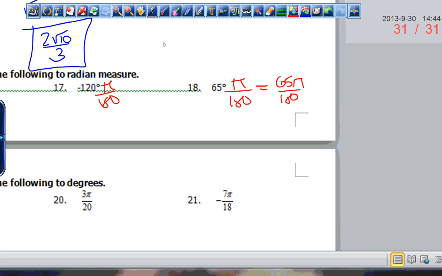You must reduce. So go over to the calculator. 65 over 180 is going to give you an ugly decimal, so convert it to a fraction, and you get 13 pi over 36. For number 16, it just gets you 50 pi over 180, and reduce.